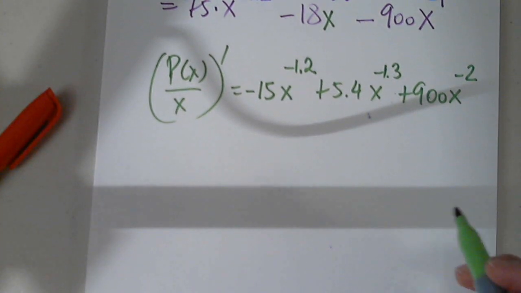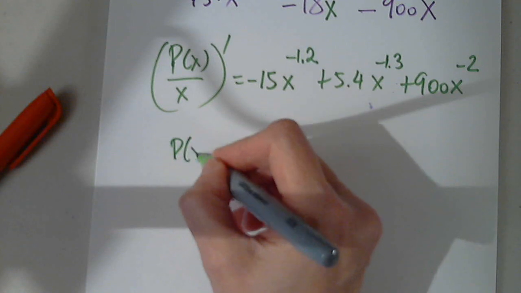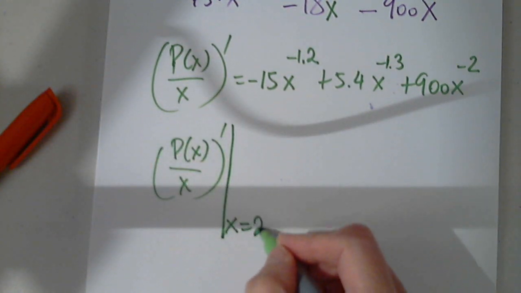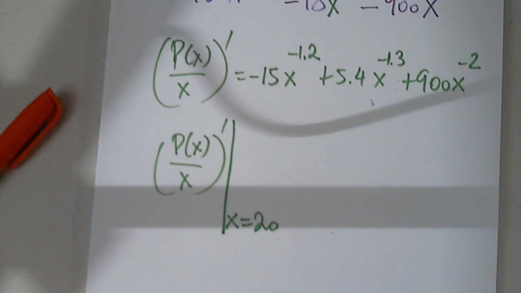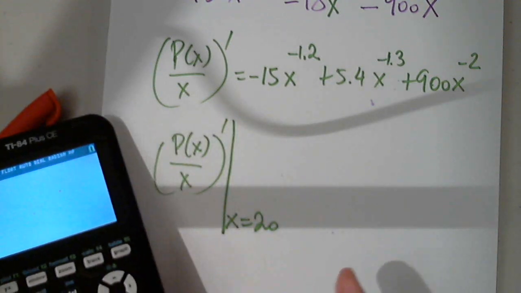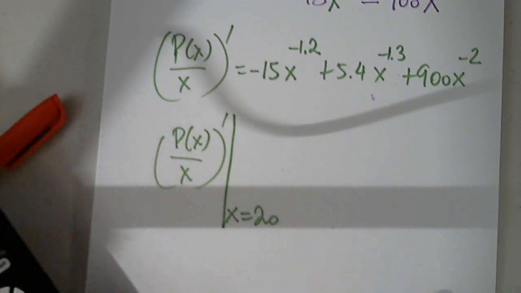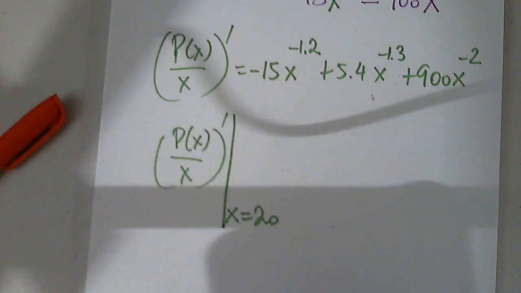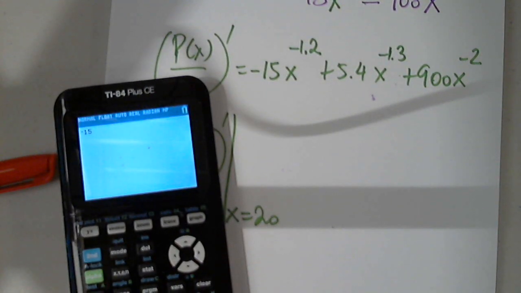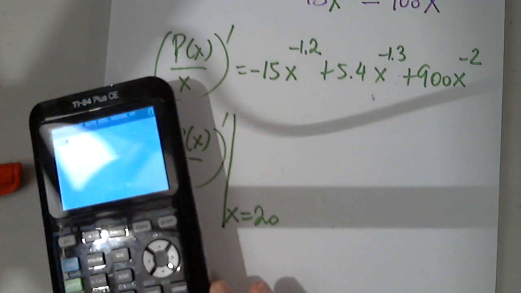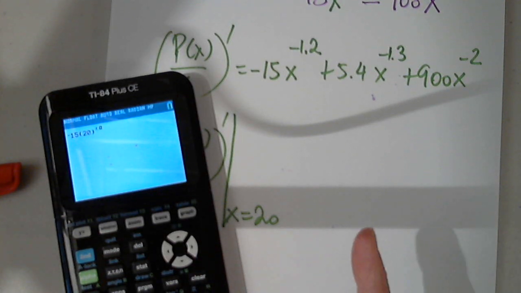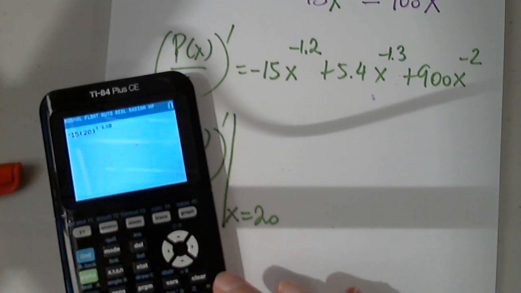Now they're asking us to evaluate this, so evaluate P of x over x prime when x equals 20. Very ugly function, but I warn you, we are going to find a lot of functions like this in this course. So, negative 15, you know me, in parentheses, 20, power, in parentheses because it's negative and I don't trust this without a parenthesis.